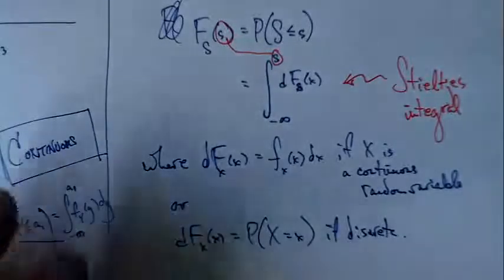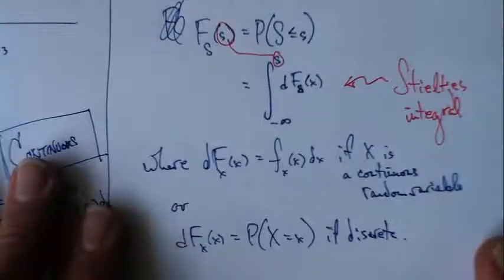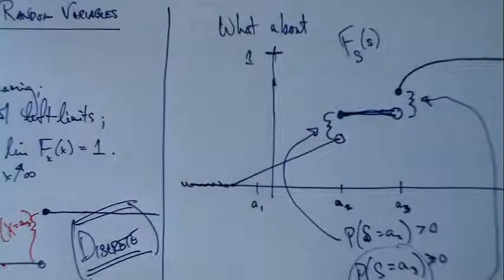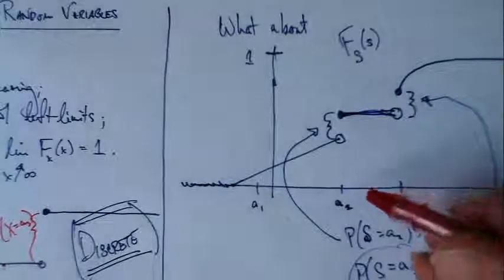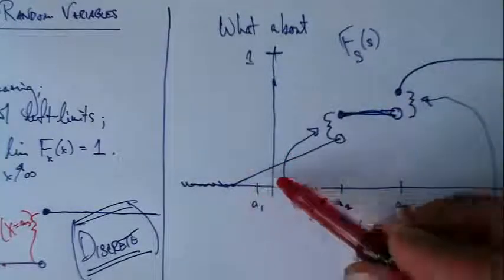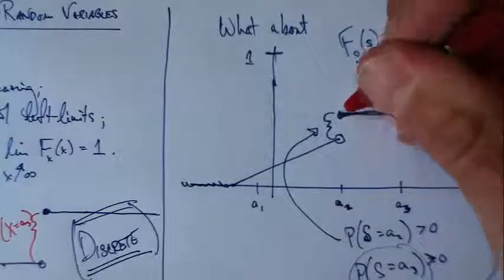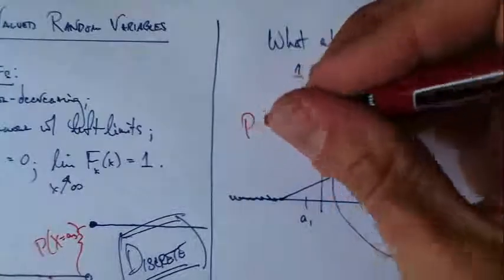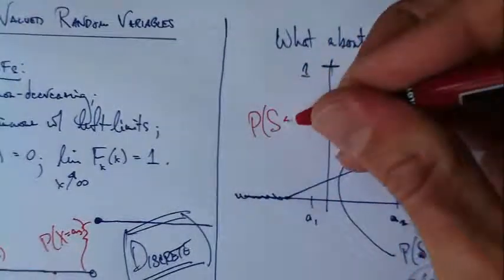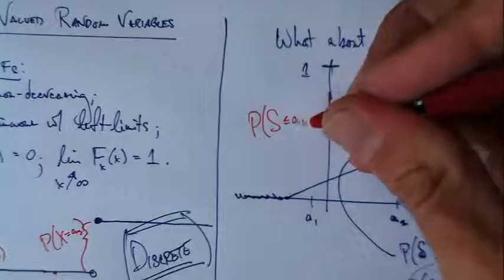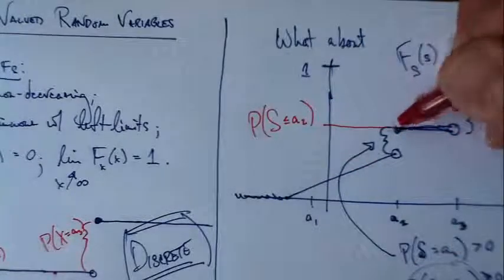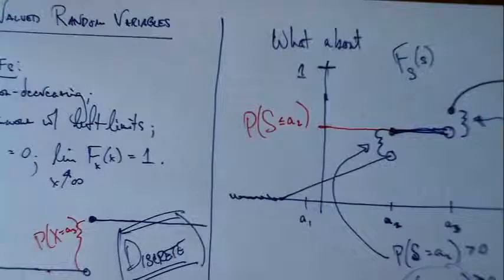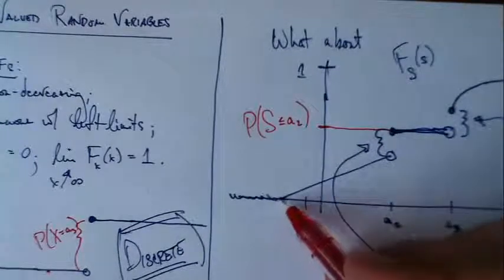Pretty neat, right? If I wanted to know, for example, the chance that this random variable S takes a value that's less than or equal to A2, it's going to be this right here.